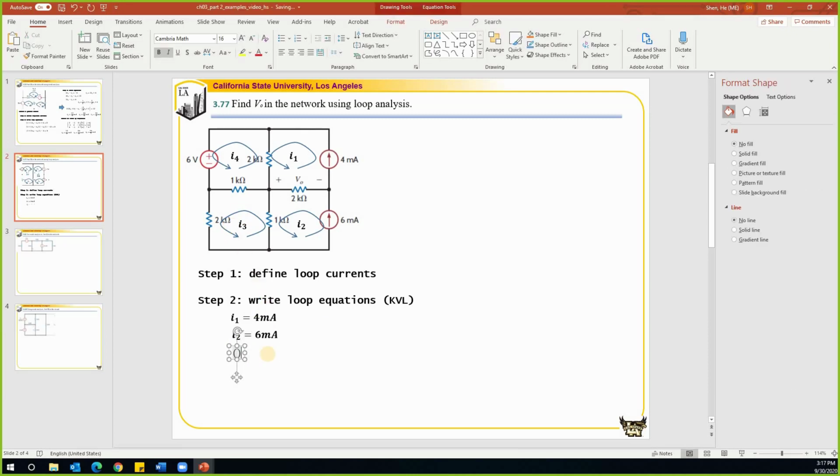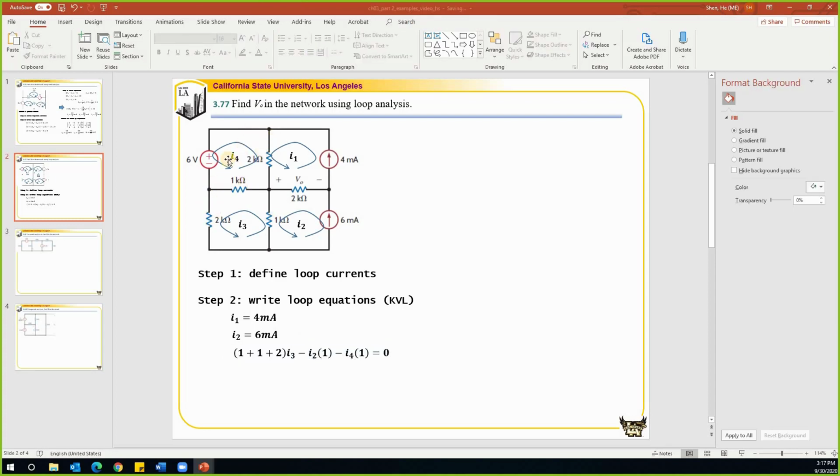So the coefficient for I3 is 1 plus 1 plus 2. And the coefficient for I2, which has a shared resistor with I3, is minus 1 times I2. And the other one is this resistor shared between I3 and I4, so we use minus I4 times 1. That is equal to 0.